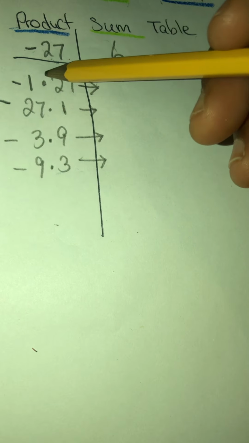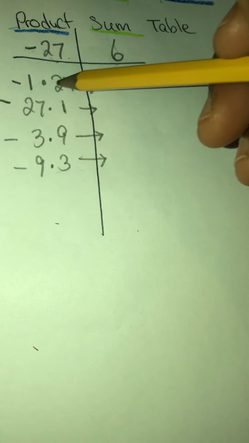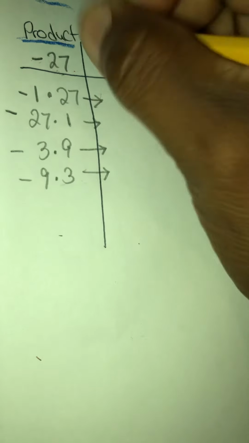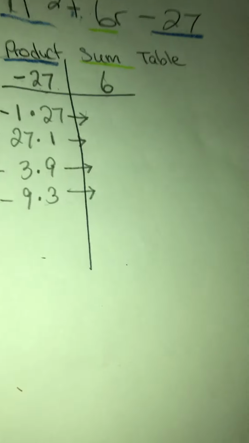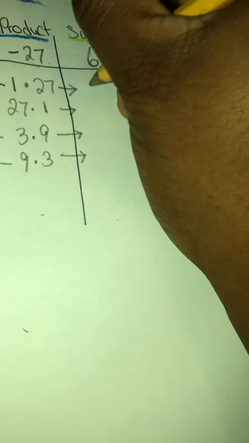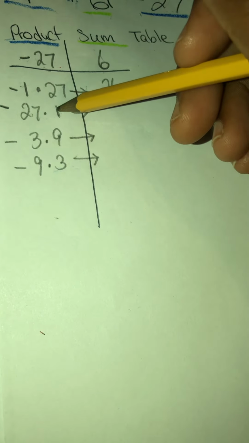So 1 times 27 is 27. But what is the sum? Here, 27 minus 1 is 26. In this one, I have negative 27 plus 1. So if I owe someone $27 and I pay them back $1, how much do I still have?